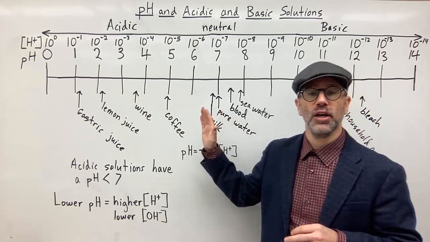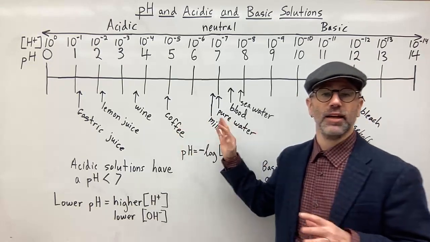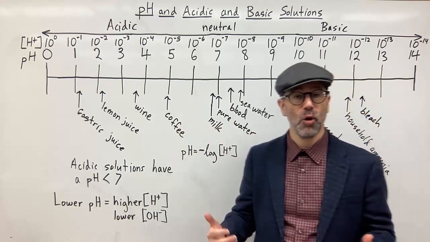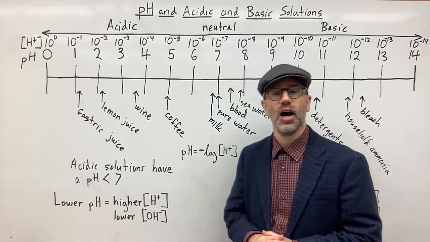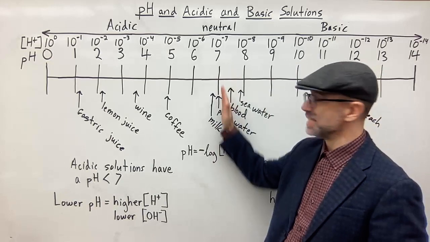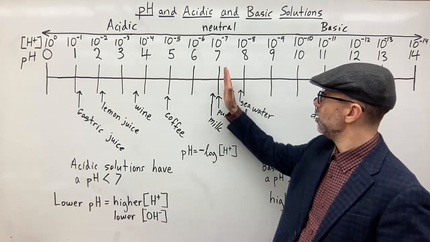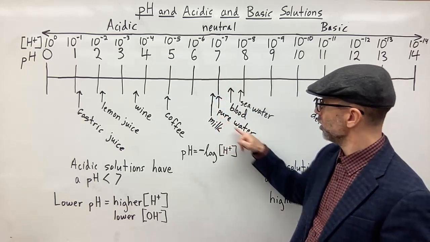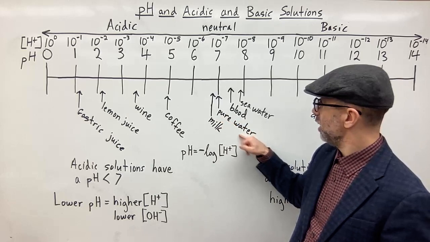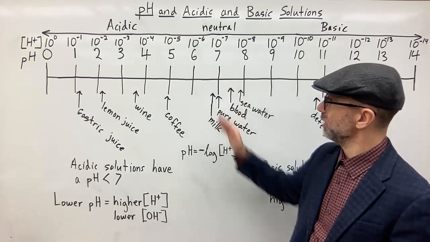It might be pH of 7.5 or 6.5 or 6 or 8, right? But for pure water at room temperature, it's going to be 7. 7 is for pure neutrality. So pure water is going to be at 7.